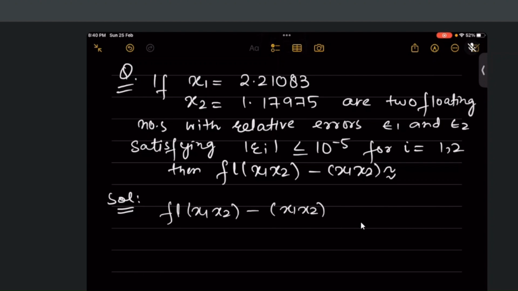Anyone got the expression for this? A simplified expression in terms of epsilon? Do you need more time or should I discuss?